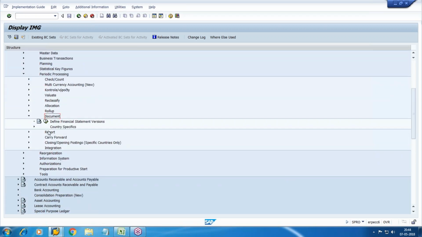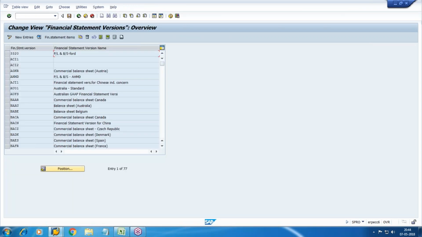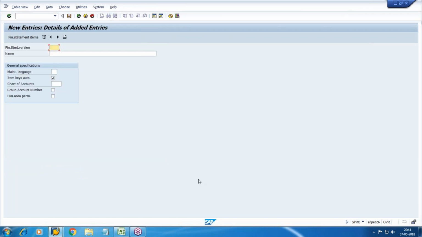Document. Define financial statement version. New entry. Create any profit and loss.